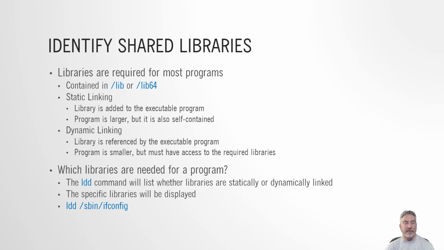It's a resource made available to multiple different pieces of software, and this is a very convenient way of building software, because if you need to make changes to a library, all of the applications that reference it will be able to reference that new version. These are typically located in /lib or /lib64 for 64-bit systems.